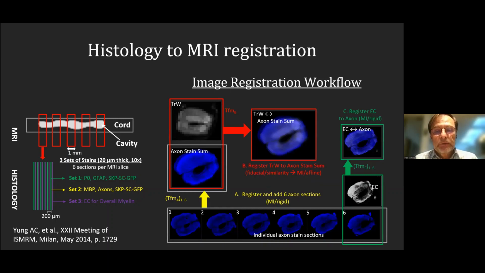In order to do that, we basically use multiple sections of the stain and use a trace-weighted image from our diffusion data as a sort of template in order to do the registration between different histology sections and also the MRI sections. And the same can be done here for.